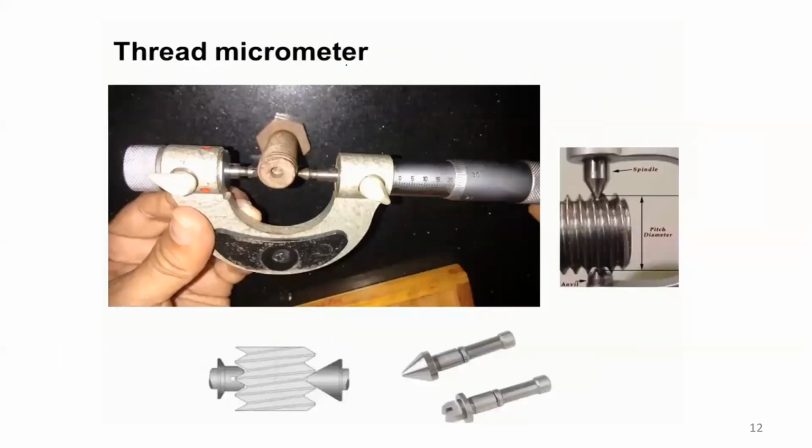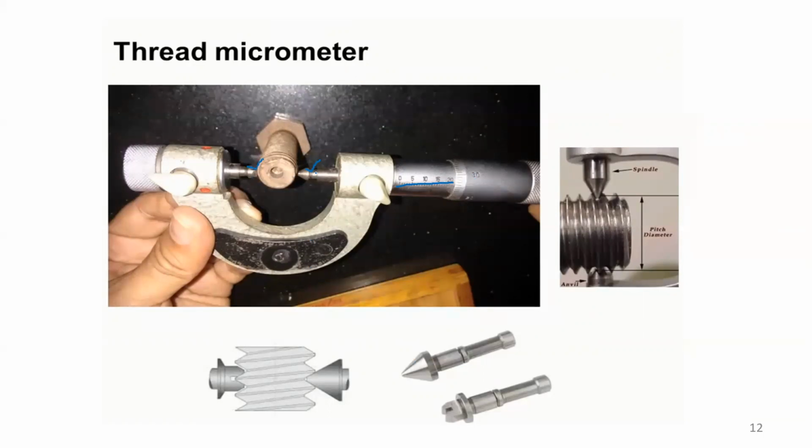So this is the thread micrometer. Similar to the micrometer, this also has the main scale reading and a thimble reading. We have the hollow spindles, and the replaceable anvils.